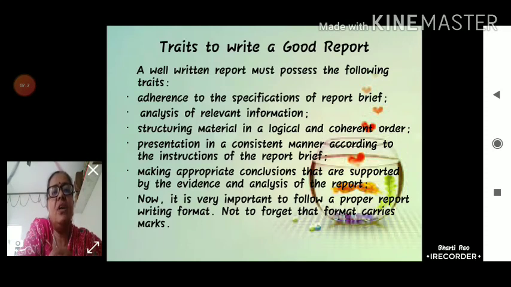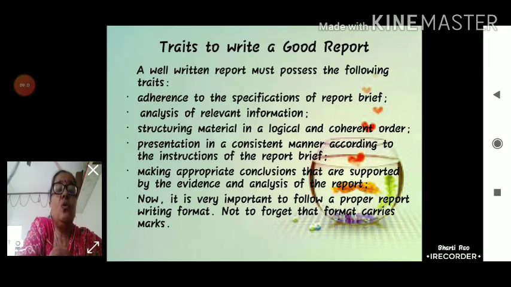Only relevant information should be given in the report. Your material should be logical. It should consist of all the instructions of your report and it should be in brief. You should make good conclusions and there should also be evidence and analysis in the report. It is not that you make it of your own imagination.